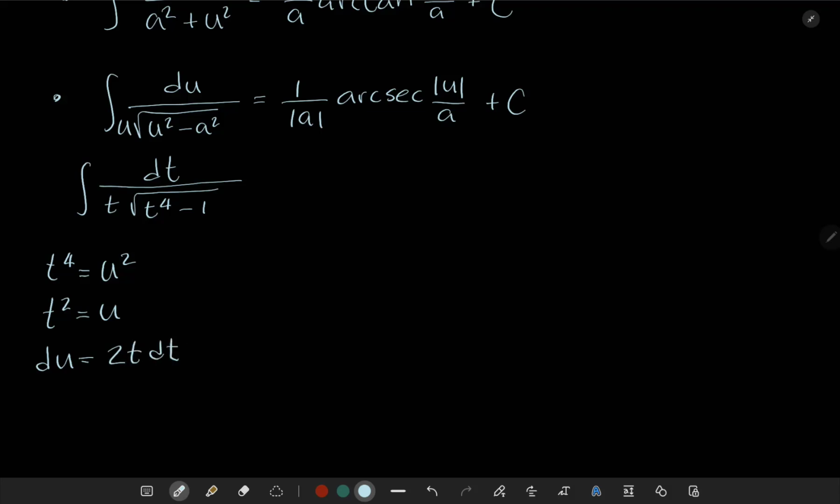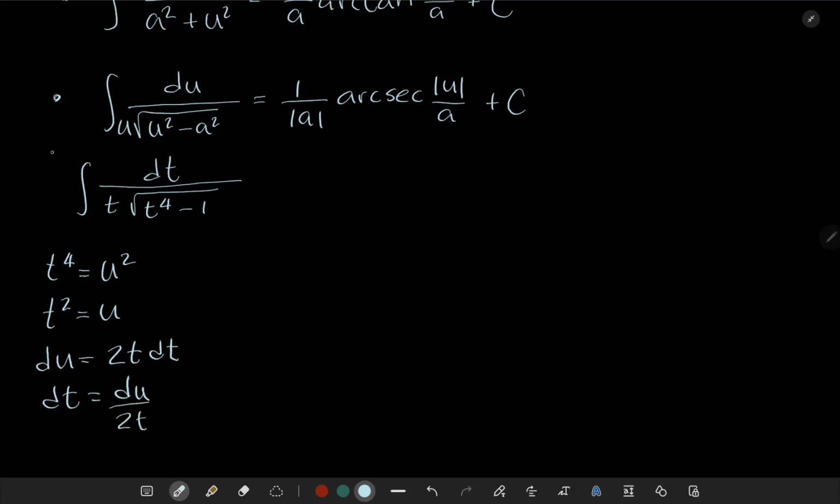So I can plug that in. Now, I will have to reorganize things in such a way. So for example, here, I'm going to have to write my dt as, I keep moving the t to the left, then to the right, then to the left again. Sorry about that. Dividing by 2t on both sides, so du over 2t.